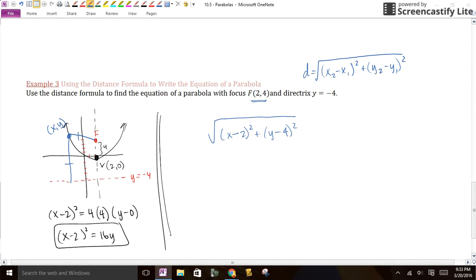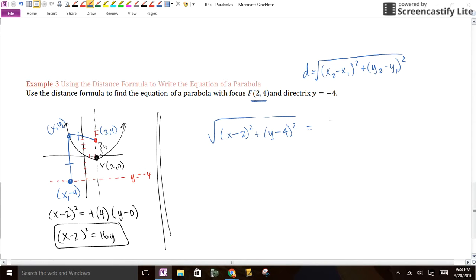Now I need the distance to the directrix. Okay. So the distance to the directrix is a little harder from this point, right? Because the focus was the point (2, 4). That was easy to calculate. Well, what point is this? I don't know. Do I? Oh, wait, maybe I do. If that's the point that we're talking about, the x would be the same, but the y would always be negative 4.